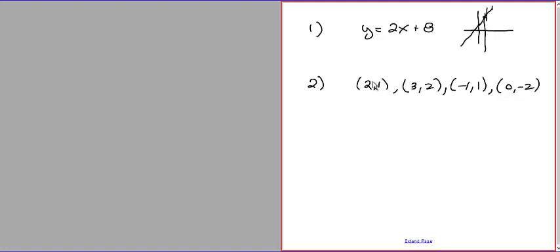But if you see that the x value is repeated, what's happening there is you're going to have 2 values of y for one given value of x.